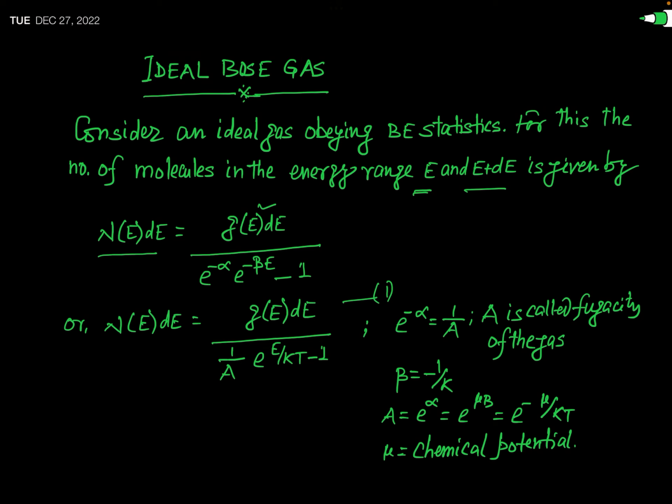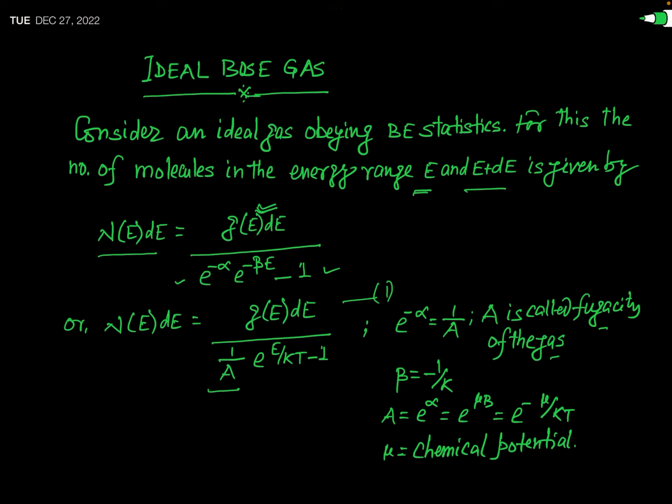Okay, we have learned it. You know that this G of E dE is called density of states and it simply represents the number of quantum states in the energy range between E and E plus dE. Now, for simplicity, we write this factor E to the power minus alpha as 1 over A. Actually, this A is called fugacity of the gas.